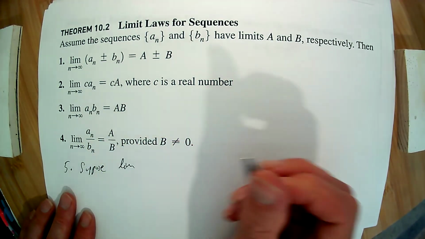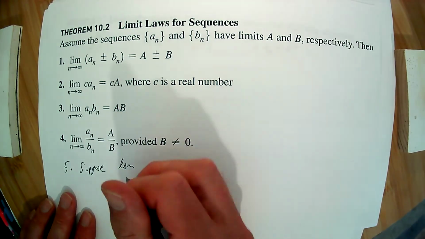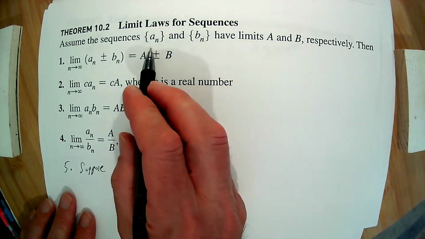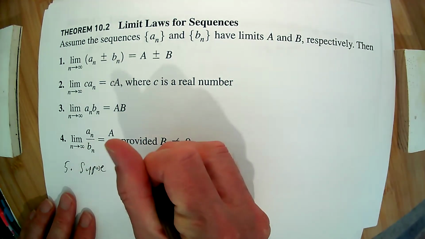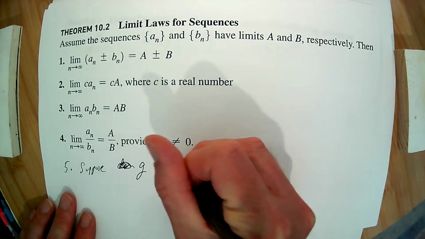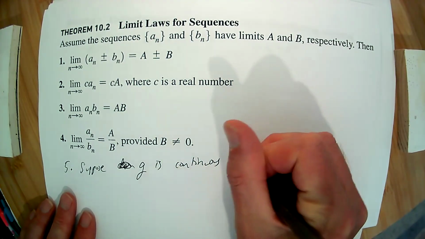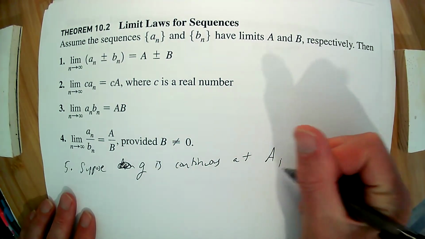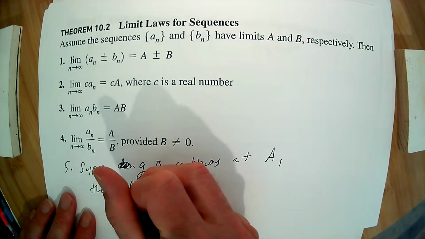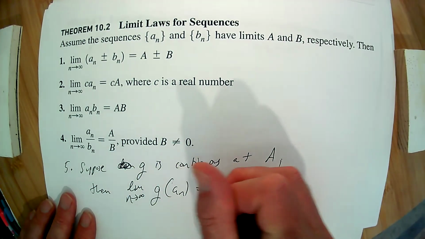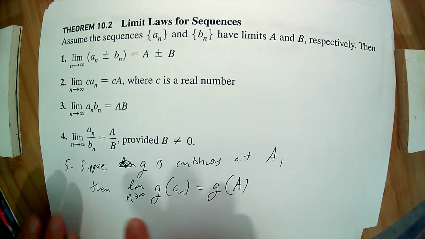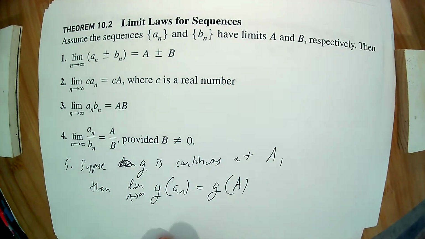We're supposing that a_n converges to capital A and the b_n converge to capital B. If I suppose that g is continuous at capital A, then the limit as n goes to infinity of g of a_n ends up being g of A. Basically, you can push the limit inside of a continuous function, provided that the limit exists.